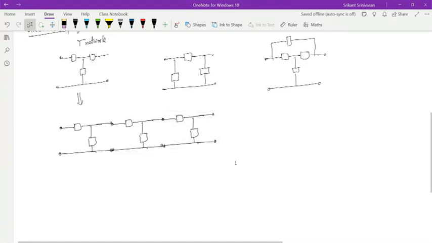It is an interconnection of various common sections where you just keep stacking, and as you keep cascading them, you get what is known as a ladder network.